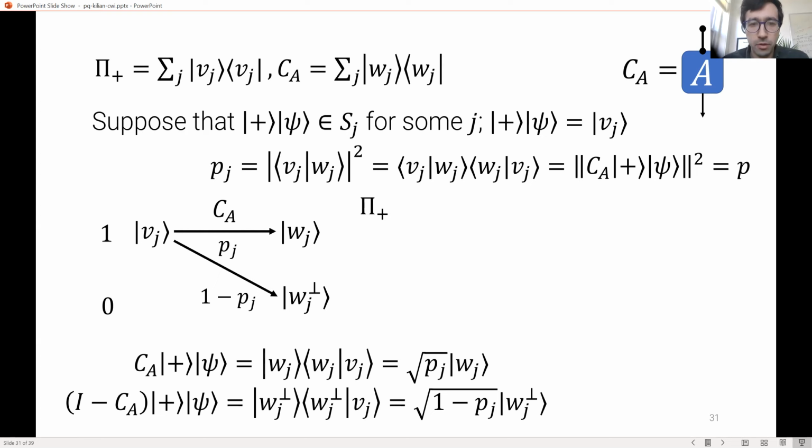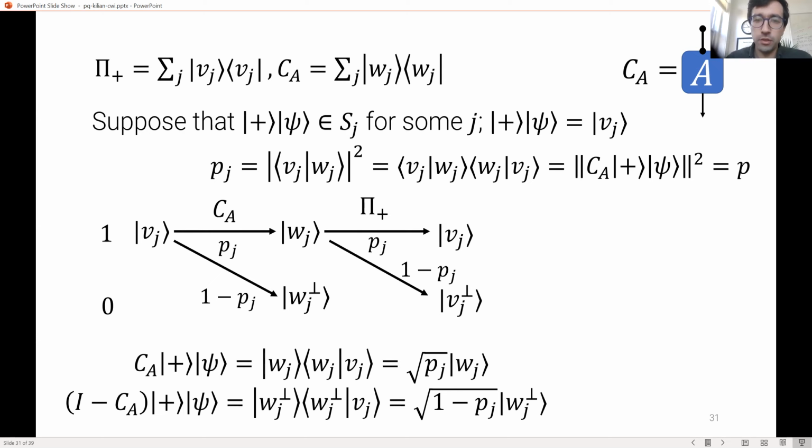Now what happens if you apply this plus measurement? If you're in this Wj, then by a symmetric argument, you move to the state Vj with probability Pj, and you move to the state Vj perp with probability 1 minus Pj.